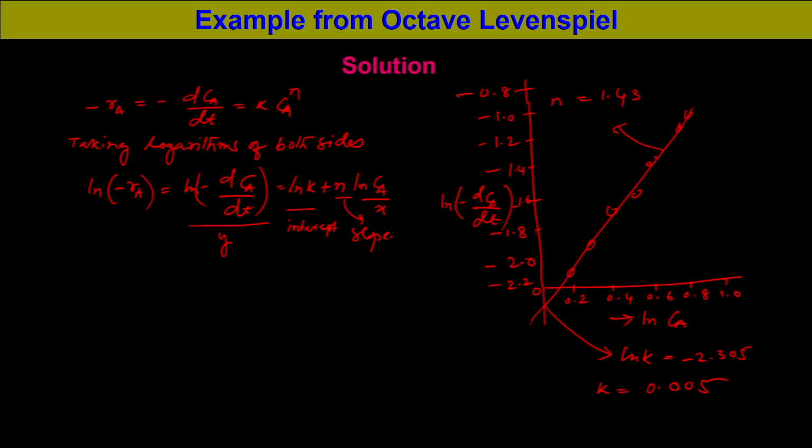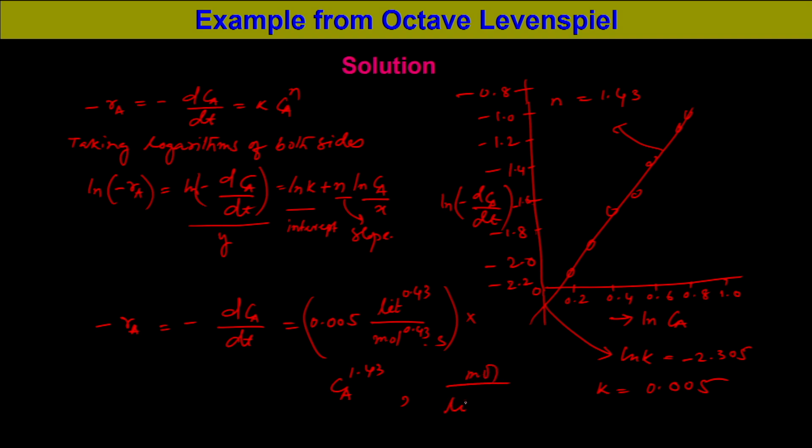So, if we use this data, we can write the kinetic rate form, which is minus R A equal to minus dCA dt, which is equal to k into C A to the power 1.43, where k is 0.005 liter to the power 0.43 divided by mole to the power 0.43 into second, and the unit of rate is mole per liter second.